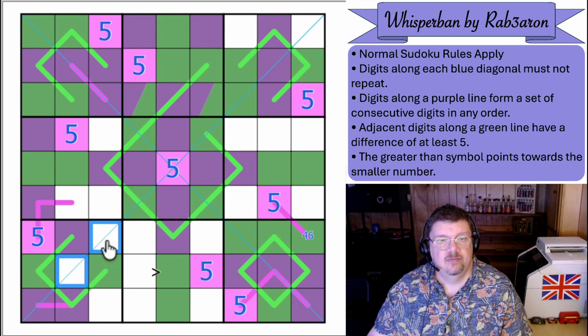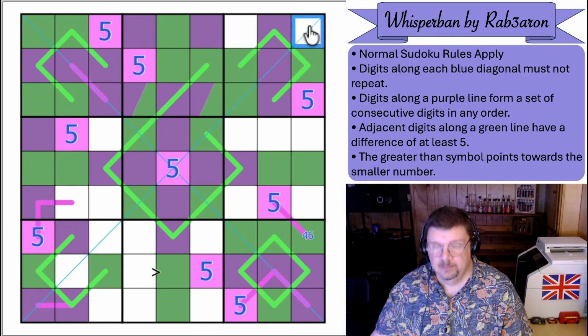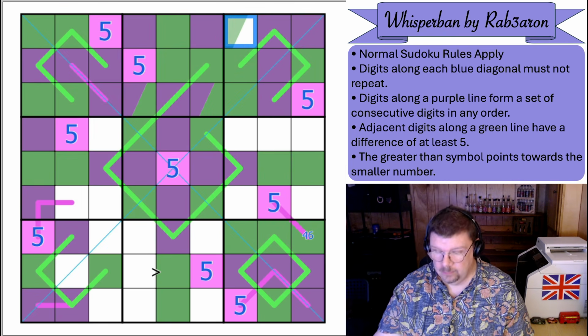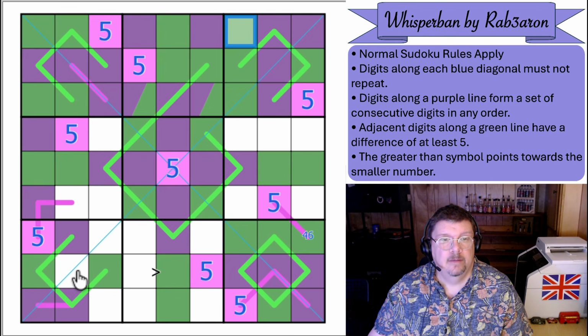Therefore, at least one of these 2 is green. That gives us 4 greens in the diagonal, and this is purple. And this is green. So that is in fact one of each, and that makes this green.